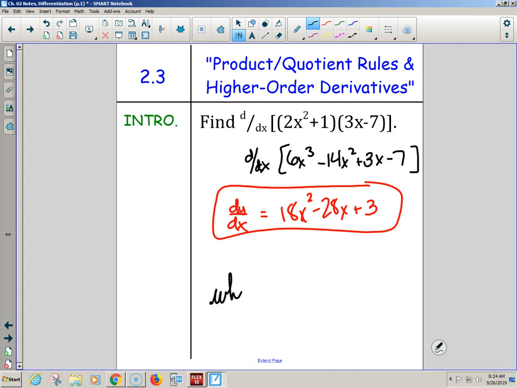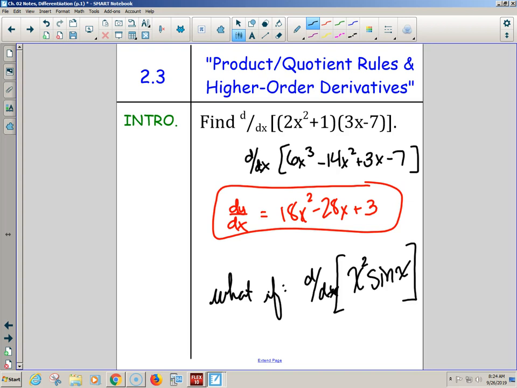What if you were given d/dx of, just pretend it's an x, x squared sine of x. Now what? What's wrong?